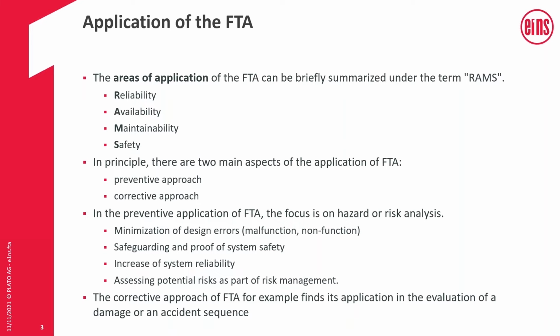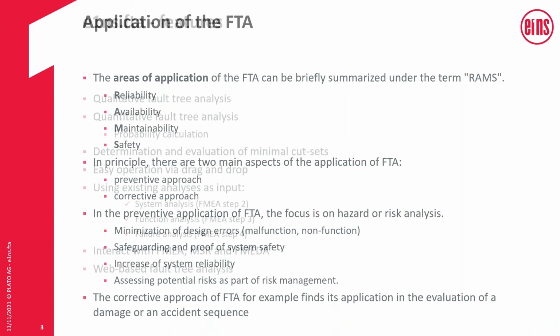Besides the preventive approach, there's also a corrective approach for fault trees, but we will only deal with the first one here. So if we compare step 4 of the FMEA, which is the failure analysis, with the fault tree, we will see many similarities, of course, but there are also differences, which we will discuss a little bit later.